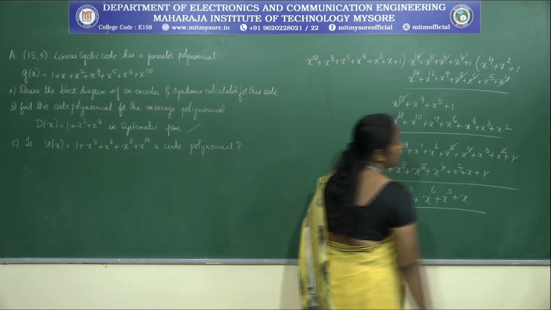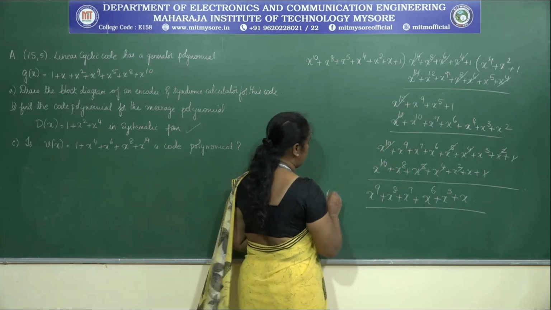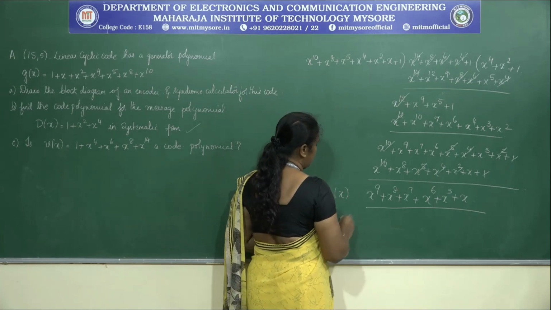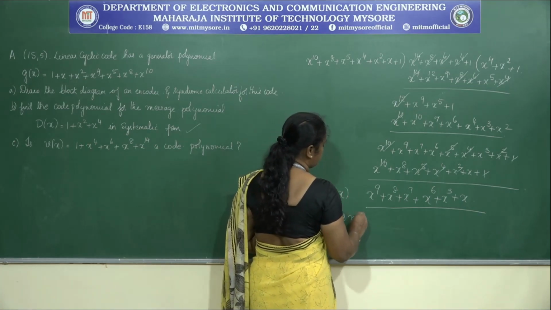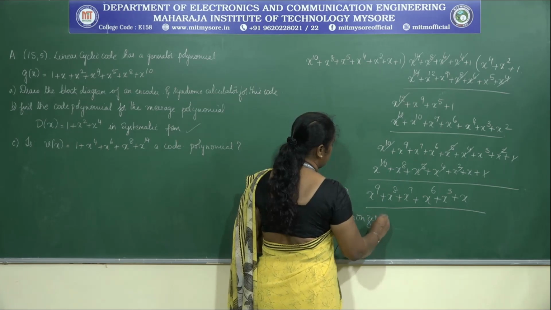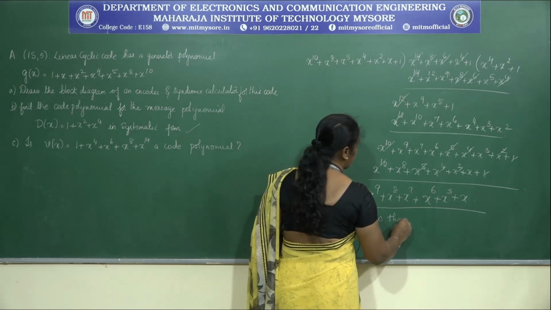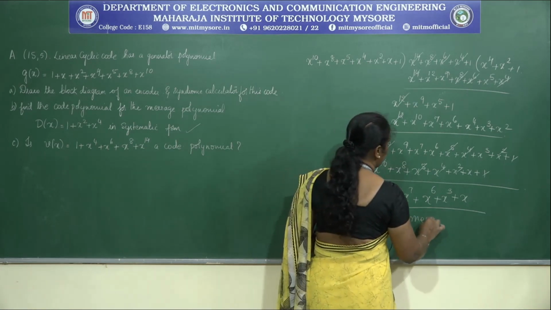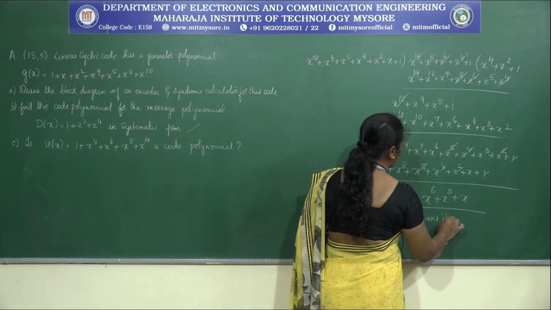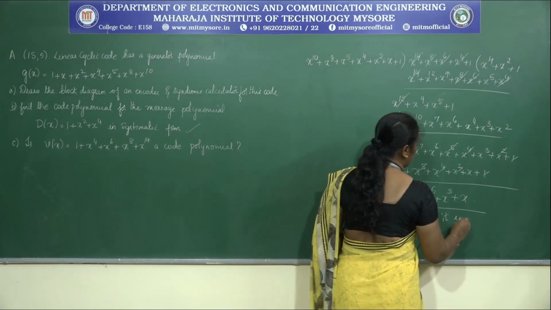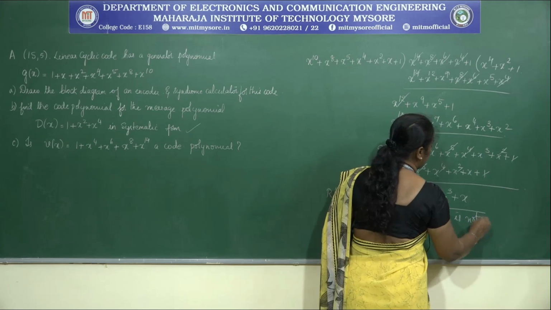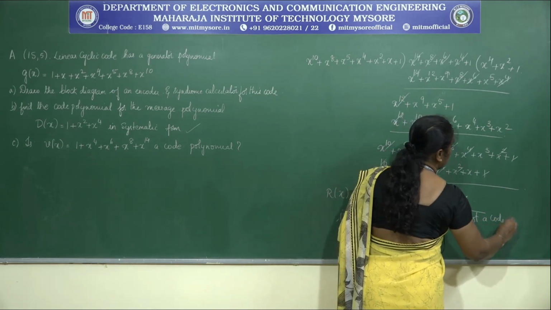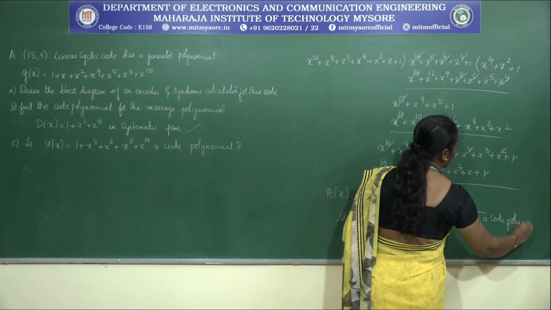That means the remainder is not zero, so your r of x is non-zero. So that means it is not a code polynomial.